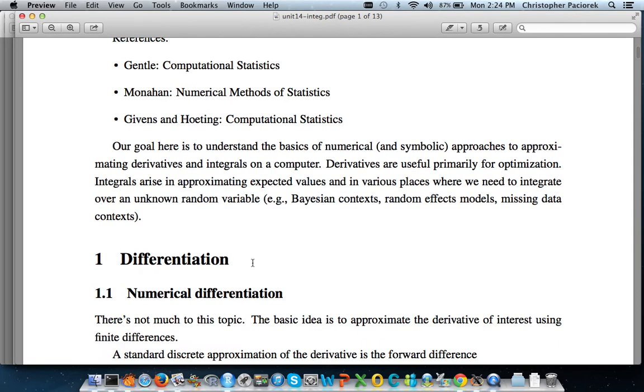And then in terms of integrals, this would come up in varied circumstances. But one case where this would come up statistically is where you might have, say, a marginal likelihood. Suppose I had a generalized linear mixed model.